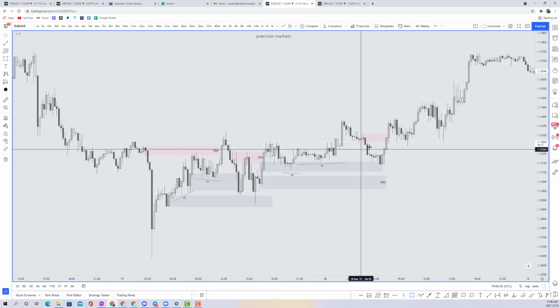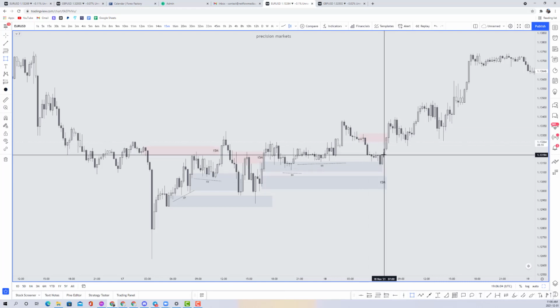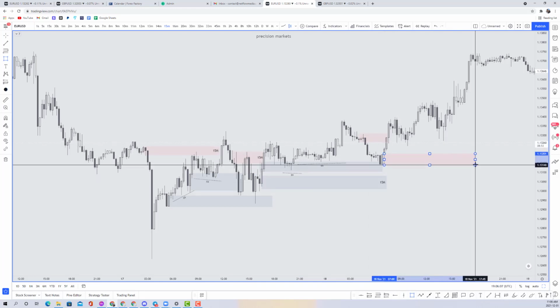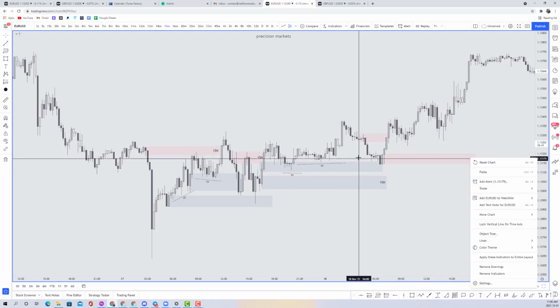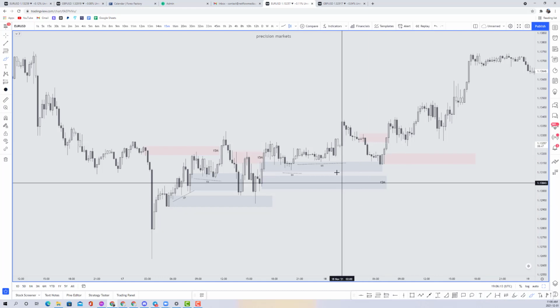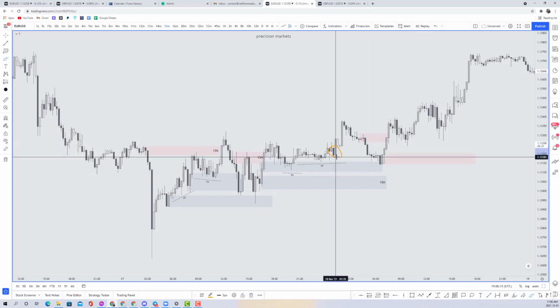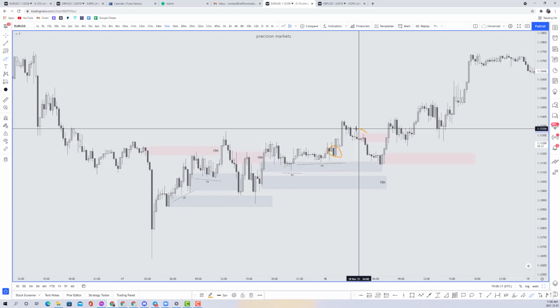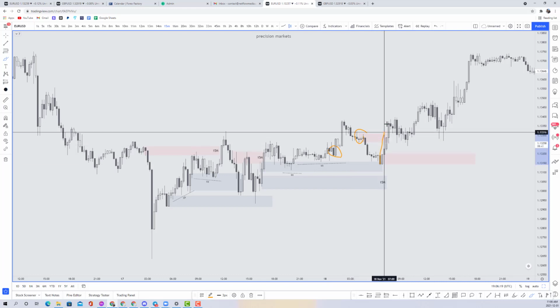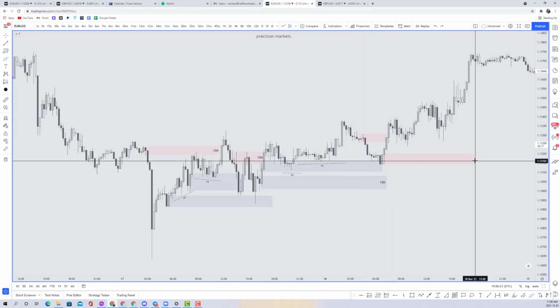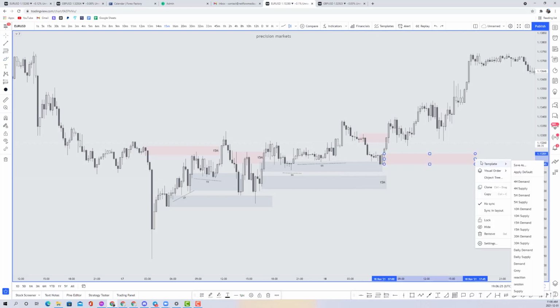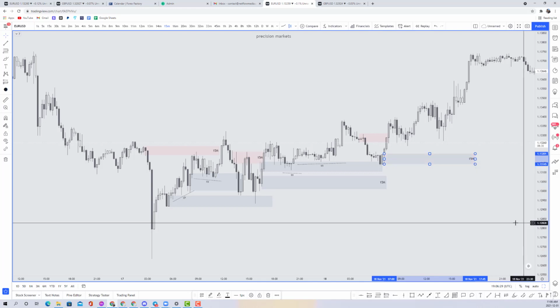So the initial flip was this supply that needed to go for me. And the reason that supply needs to go for me is this supply here caused a little bit of a flip when it caused this demand to fail. So now when this supply fails again, it's telling us that maybe demand's back in control. And ultimately the market's always flipping, and we're trying to get in on the right side of these flips.